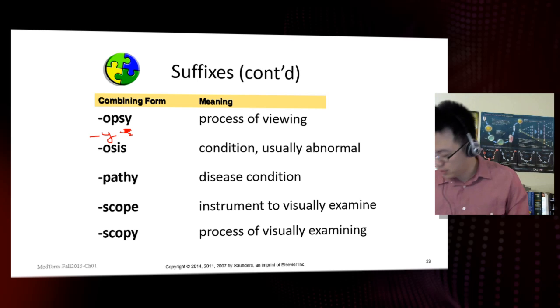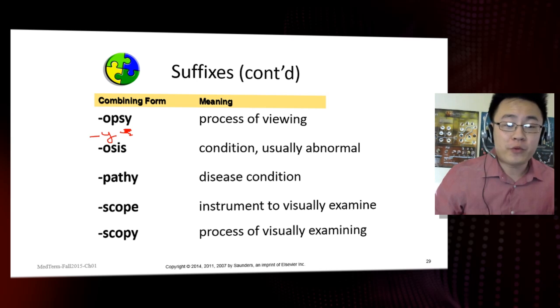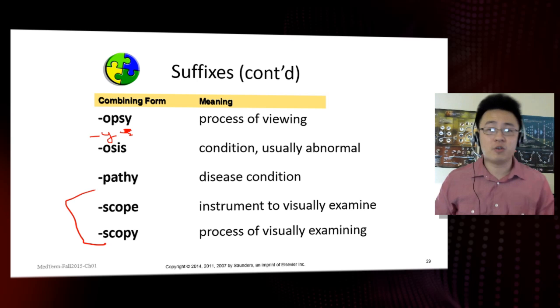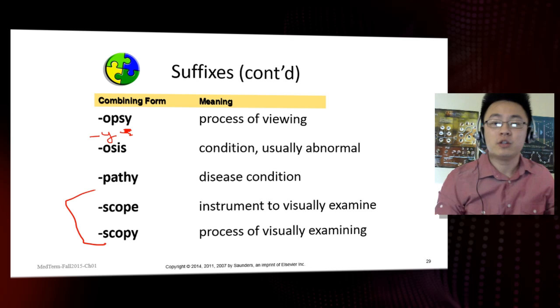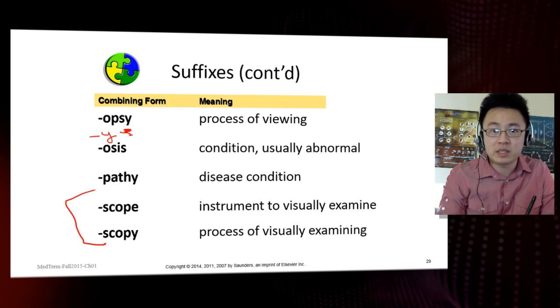Looking at my notes, making sure that I talked about everything I wanted to. Scope versus scopy. A big confusion among students, because scope, like a microscope or a telescope, is an instrument to visually examine. So a microscope is an instrument to visually examine microscopic entities.